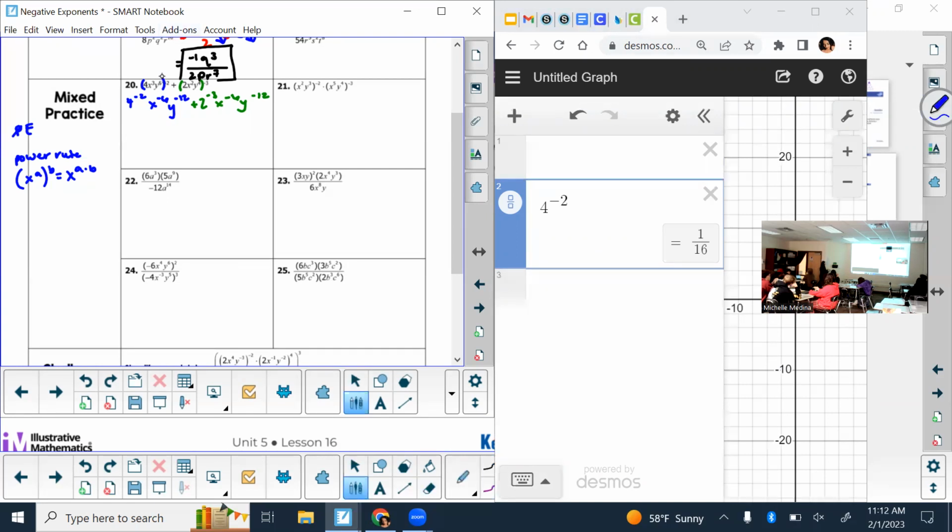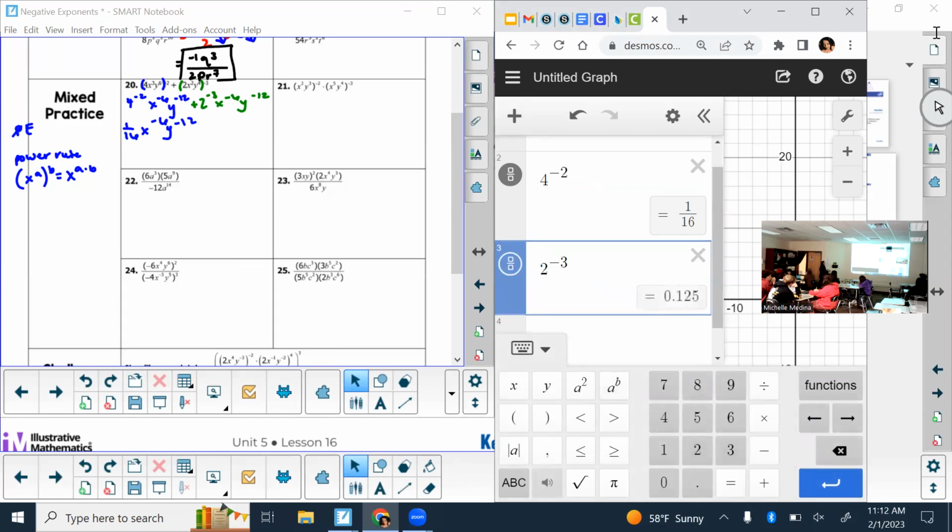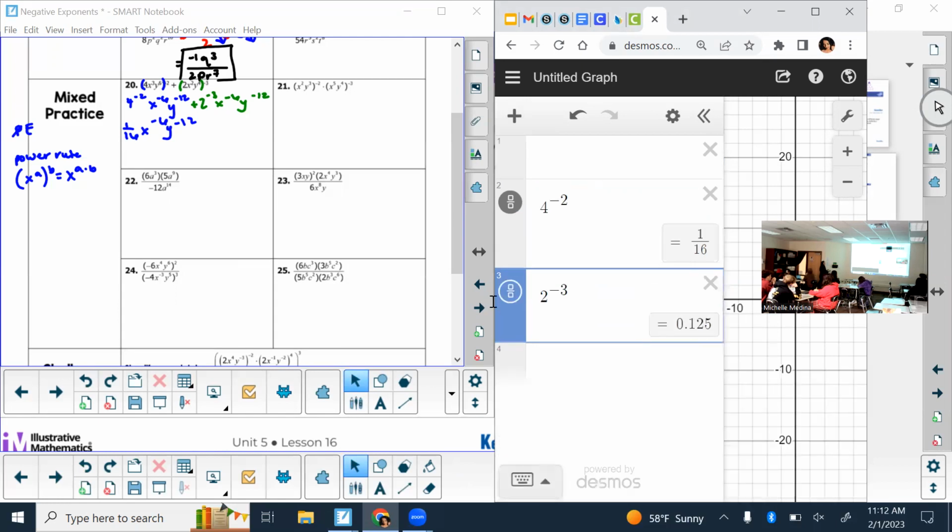I won't mess with the other negative exponents yet. I'll leave these as they are for now. And then we also need to know what 2 to the -3 power is, which is that decimal, but you press this button, it gives you the equivalent fraction, so 1/8.